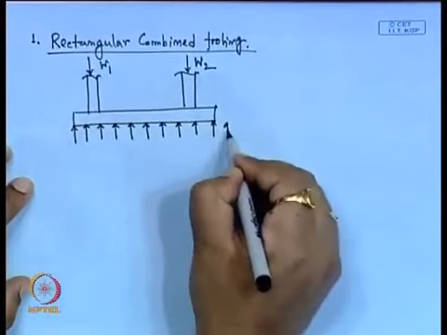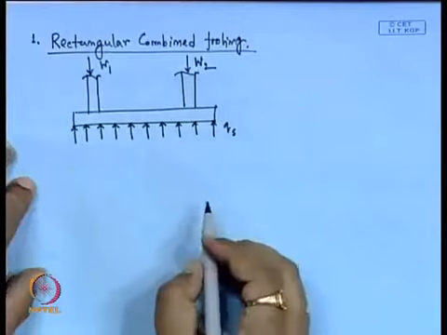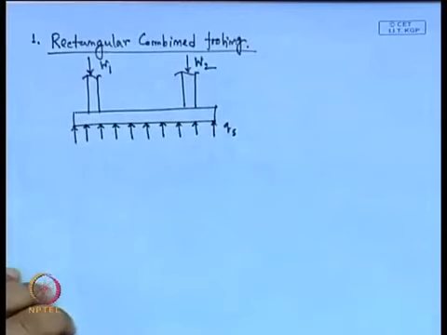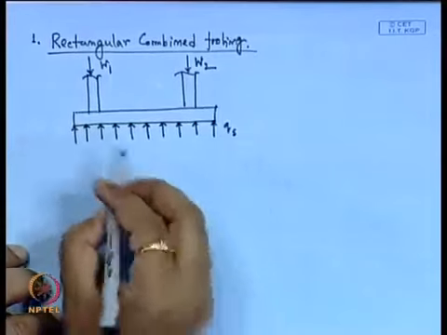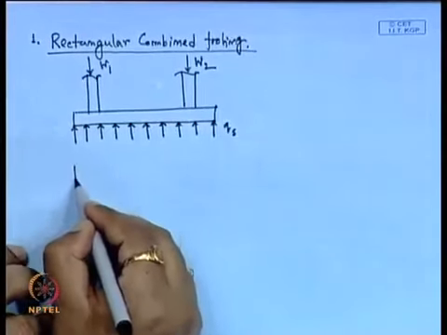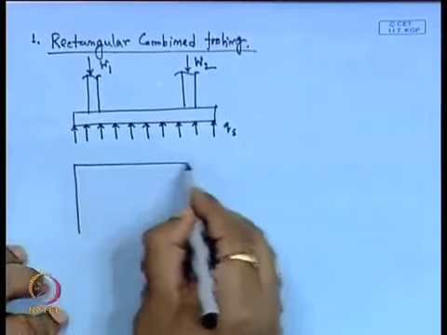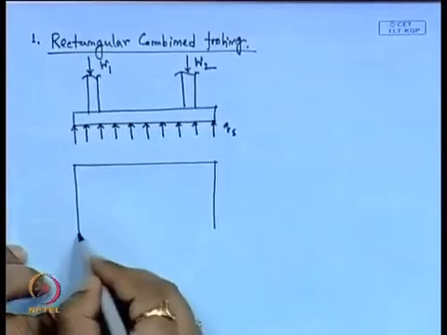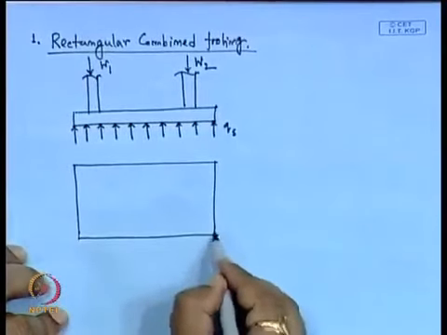So, here we can say this is q_s, the safe bearing capacity of the soil, or the ultimate net bearing capacity of the soil, and now this is the dimension that we have to choose for this combined footing.